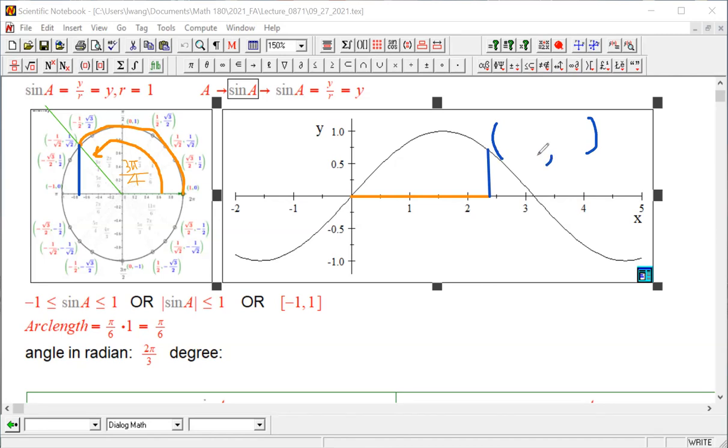The input, color coordinated 3 pi over 4, and the blue number 1 over root 2 or root 2 over 2. That's the relationship. Did you get it? Everybody got it?